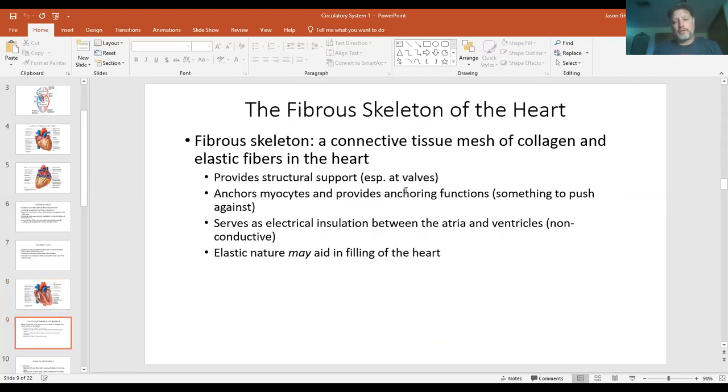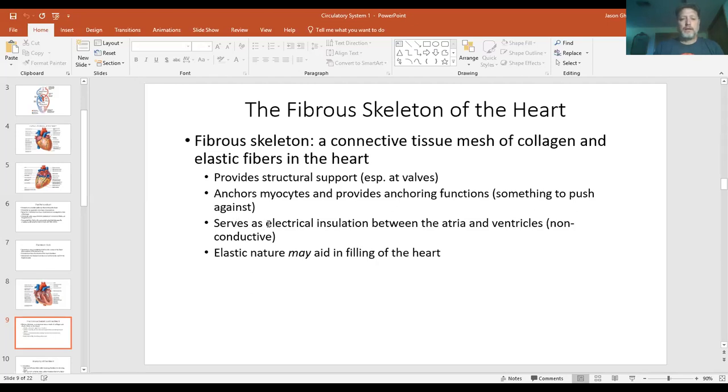There is a skeleton of the heart. It's not made of bone, obviously. It's that collagen again, with some elastic fibers in there. This gives it support and lets the myocytes, the muscle cells, form around it. It is elastic in nature, and we think this does help with the blood expanding and filling the chambers.